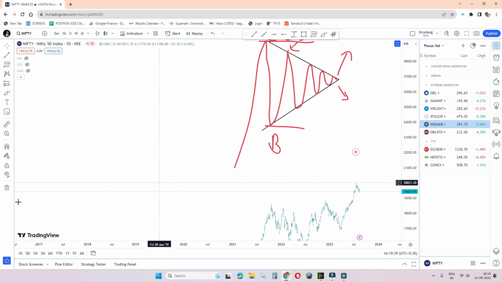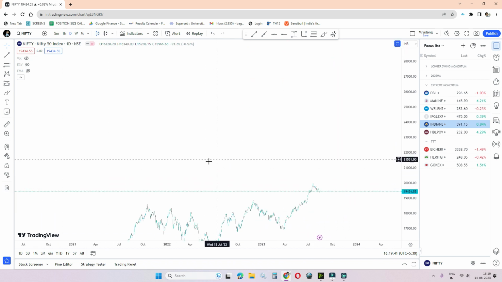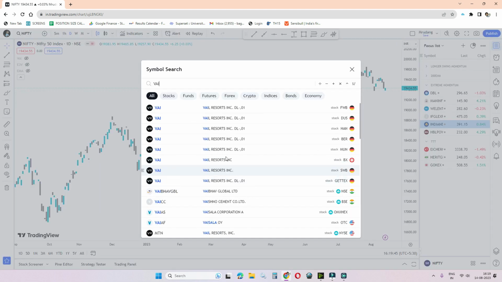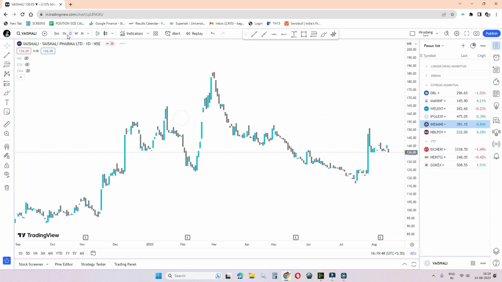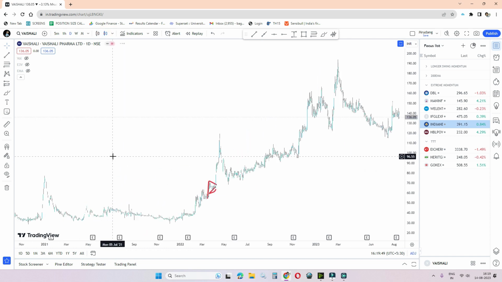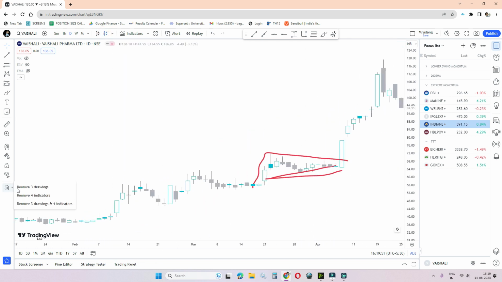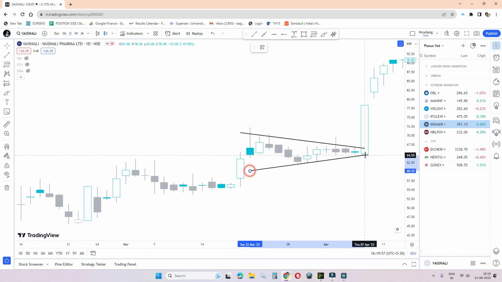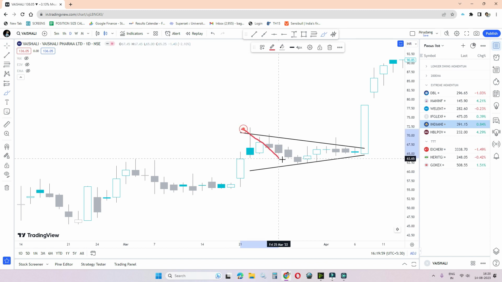This is also an extremely good setup, and it also makes huge moves. Let's see, it is a short pattern, but you will get the idea. Sellers sold here, buyers bought here, sellers sold here. They never let the stock go past this high, and buyers bought here.